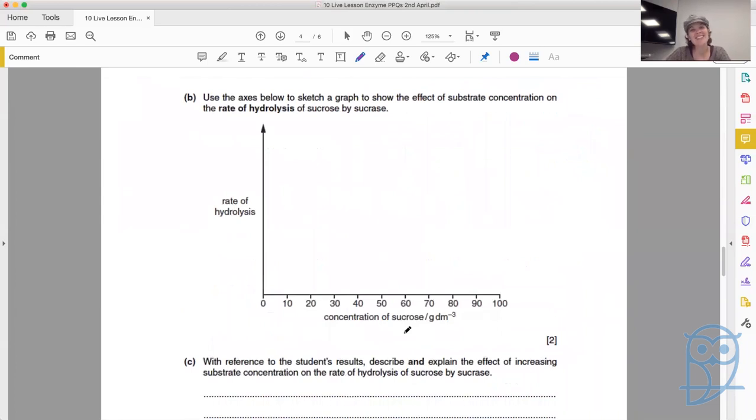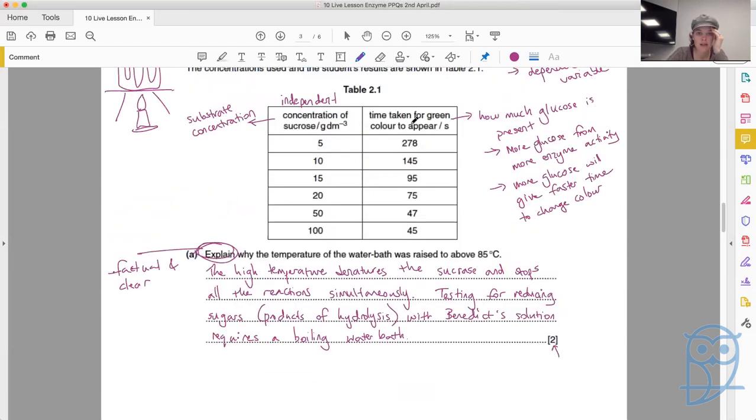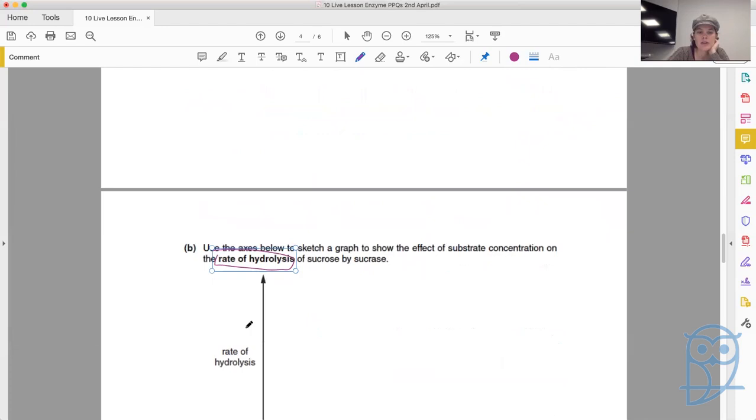And funnily enough, seeing as they're from the same session, we have a graph to sketch to show the effect of substrate concentration on the rate of hydrolysis of sucrose by sucrase. So we need to think about a little bit, because we've been given time taken for green color to appear. So how do we get that to a rate of hydrolysis? It's quite nice and simple.